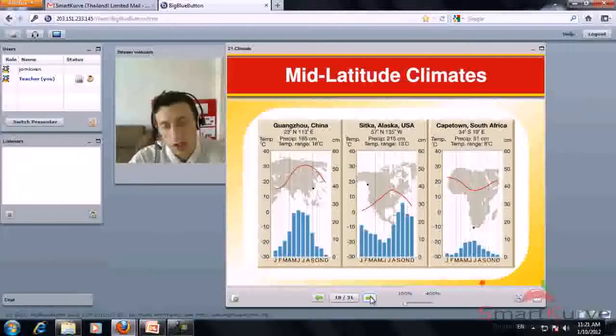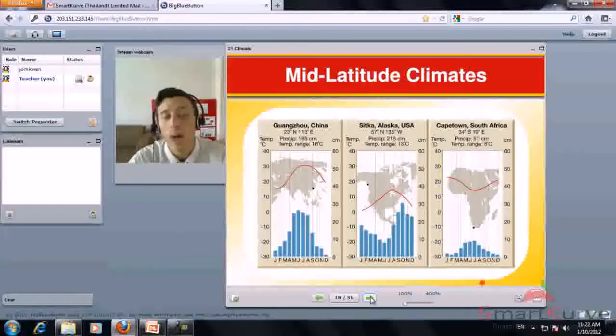The next one to look at, in the middle, Sitka, Alaska, 57 degrees north. So we are still in a temperate zone, but much farther north. We're almost to the polar region. Notice here that we're on the west side of the continent.